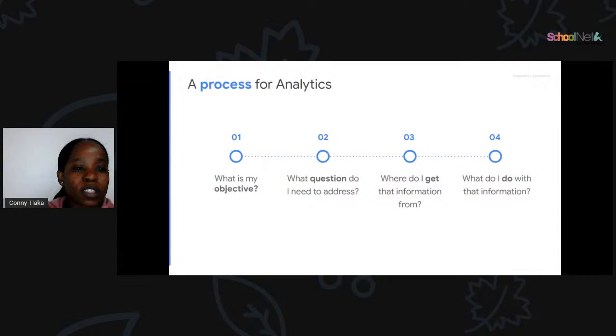We have a process for analytics. You have 4 steps to process analytics. The first step is, what is my objective? The second one, what question do I need to address?